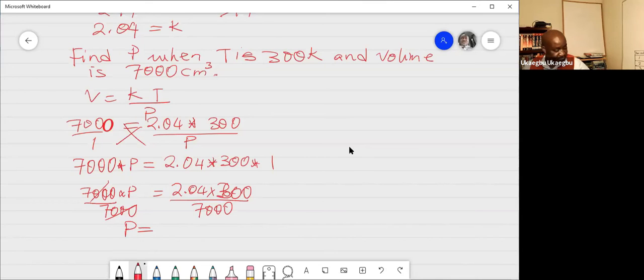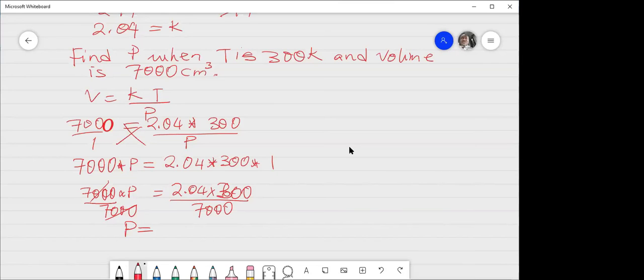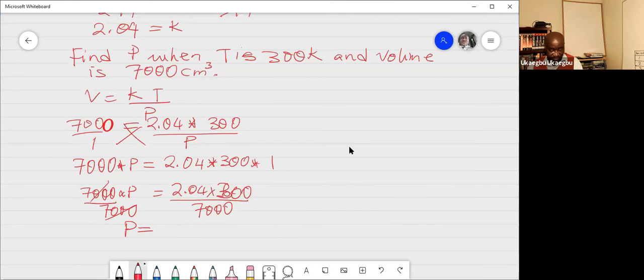Pressure will be 2.04 multiplied by 300, then divide by 7,000. So pressure will be 0.087. That's the pressure.